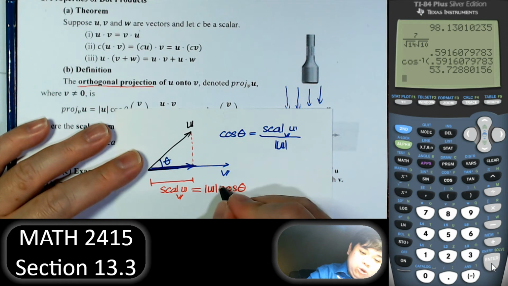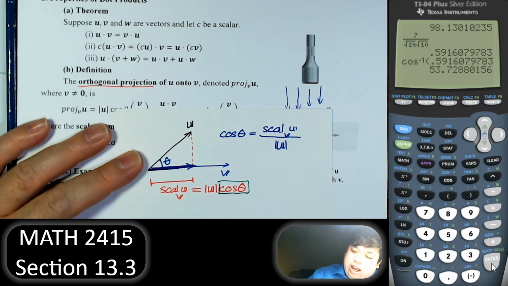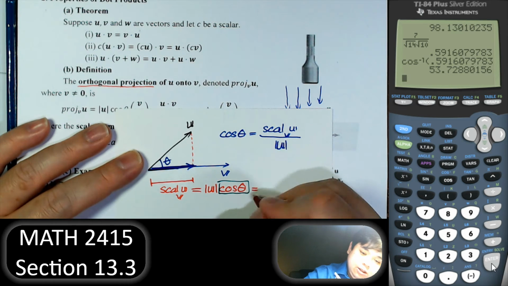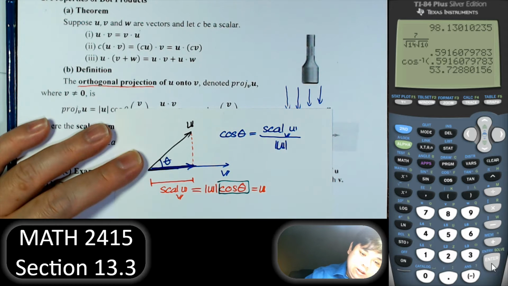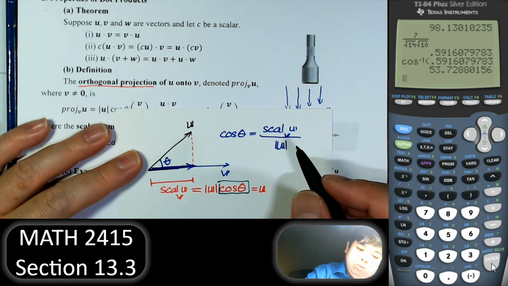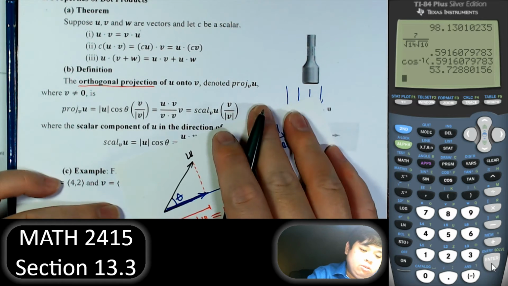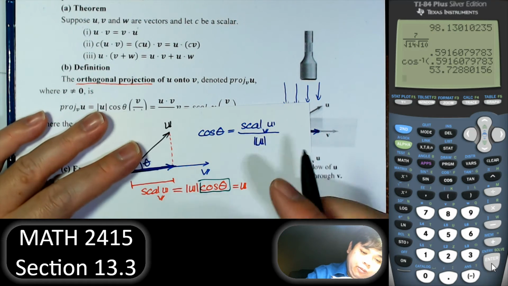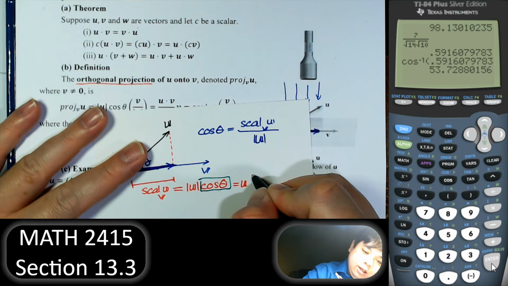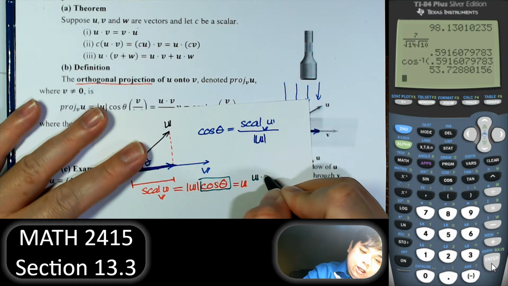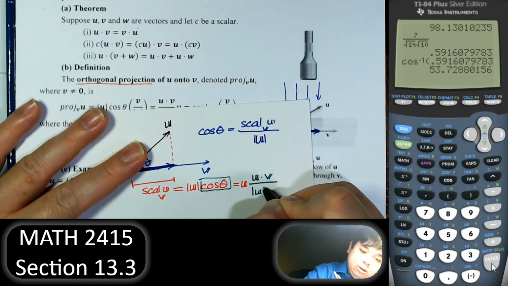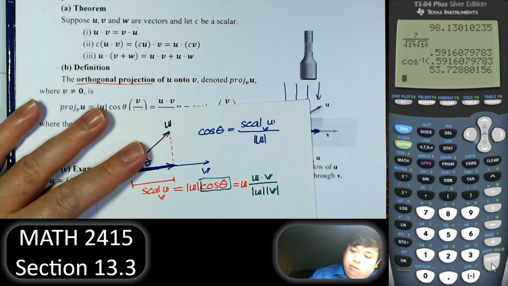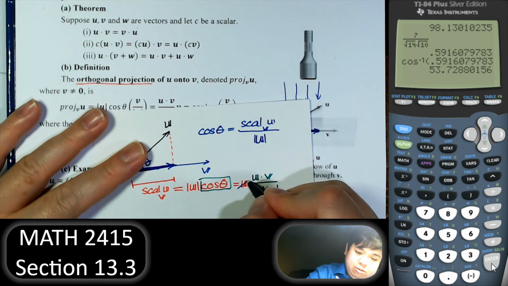Next, the angle between two vectors is given by u dot v over the product of the magnitudes, and we can cancel that out.